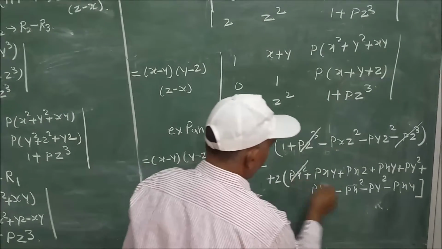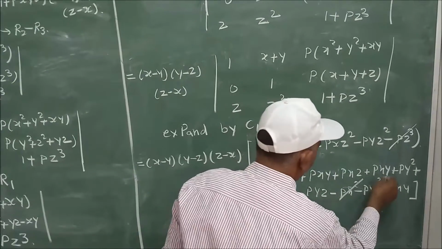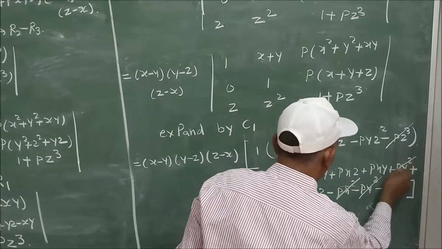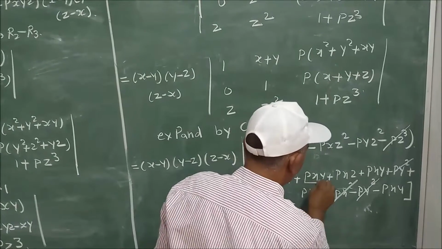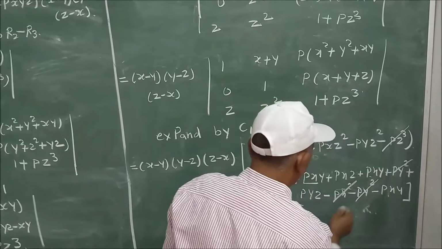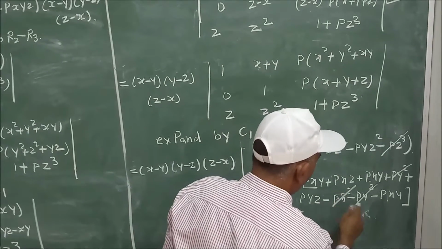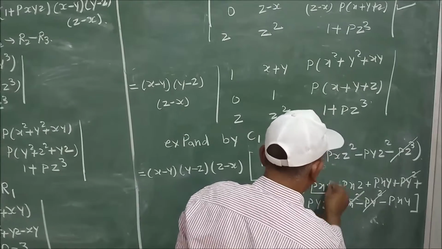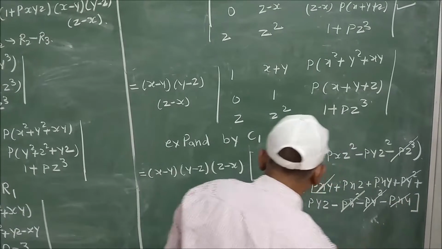So px square will be cancelled, py square and py square will be cancelled. You can get here pxy and here pxy, and here your pxy, and pxy will be again cancelled.